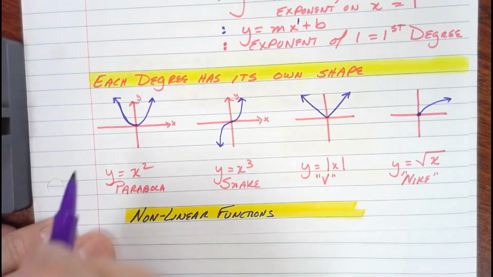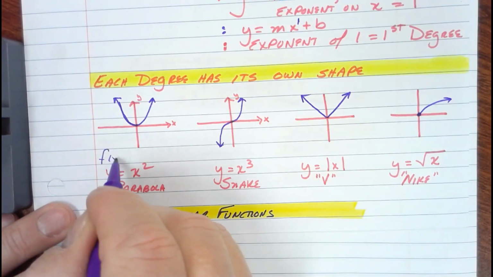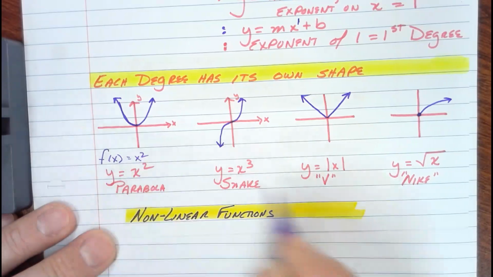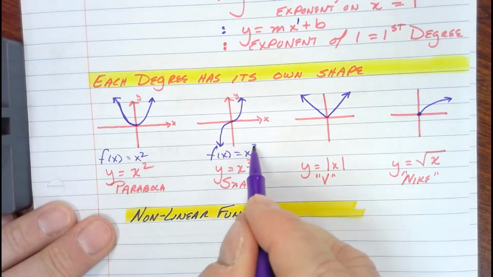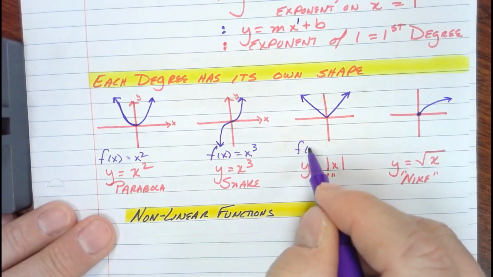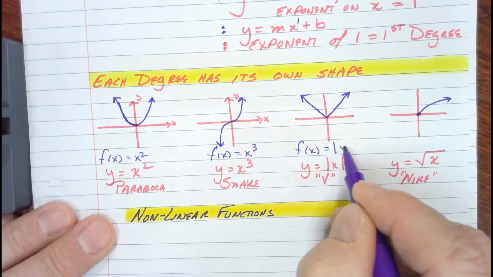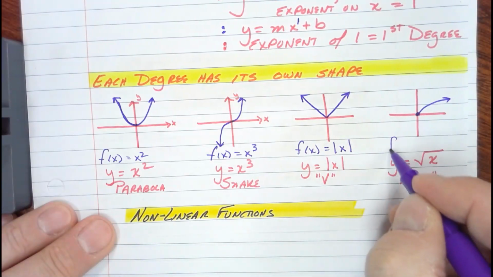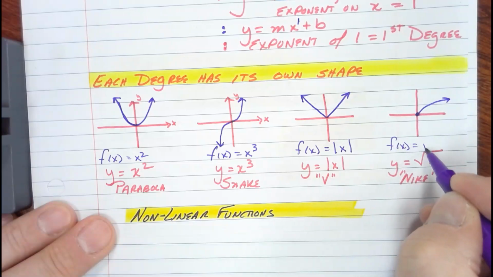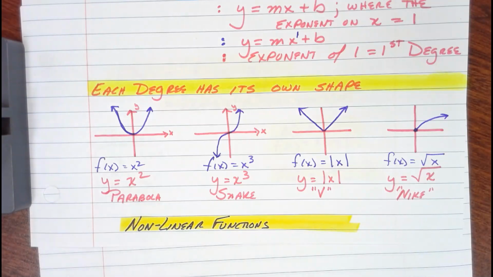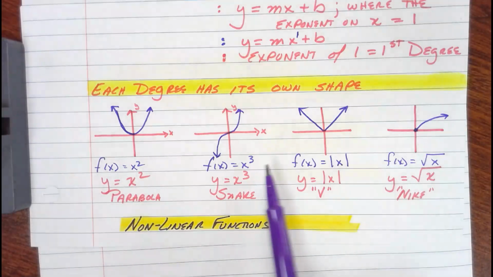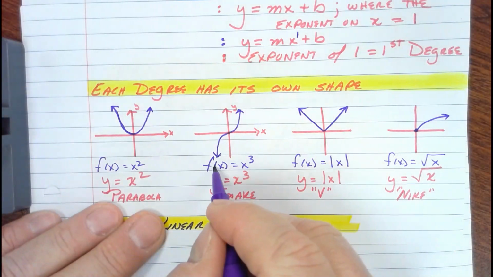So I can technically write them all as f of x equals x squared, f of x equals x cubed, f of x equals the absolute value of x, and f of x equals the square root of x. It says all of these are vouched for. They are functions. They are going to pass the vertical line test.